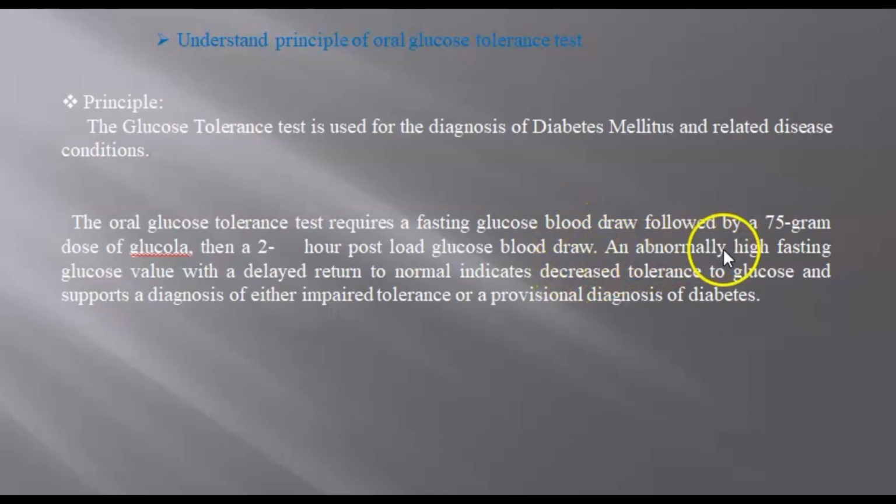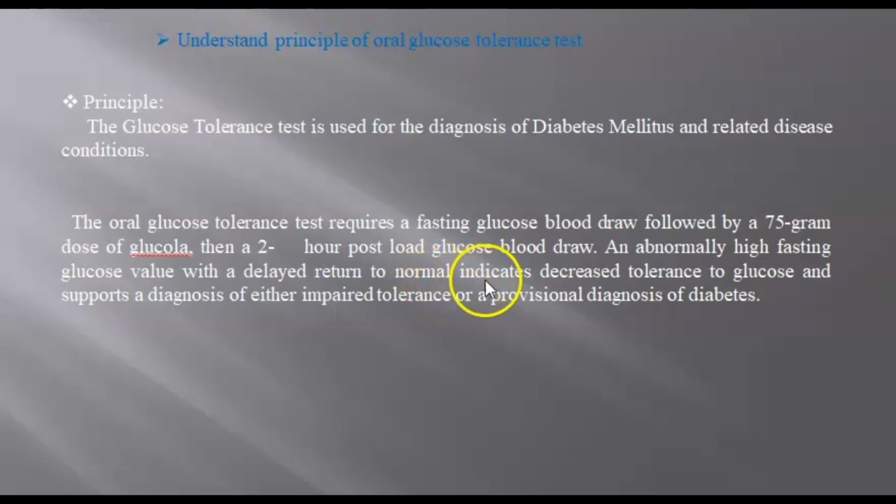Then a test is carried out, and they check for an abnormally high glucose value that is not able to return to normal. If it is not able to return to normal, it indicates a decreased tolerance to glucose, and that supports a diagnosis of impaired tolerance, which is a provisional diagnosis of diabetes, because the person is not able to return to normal.